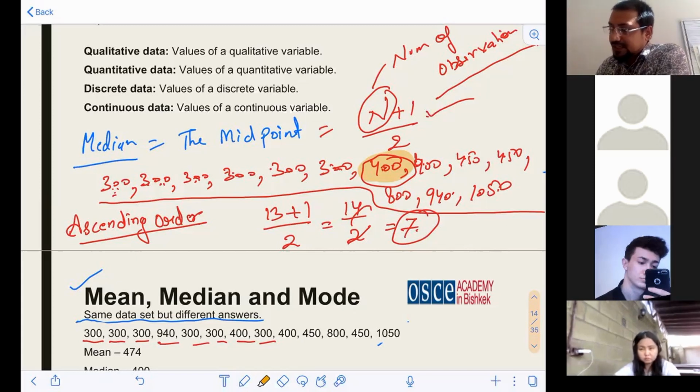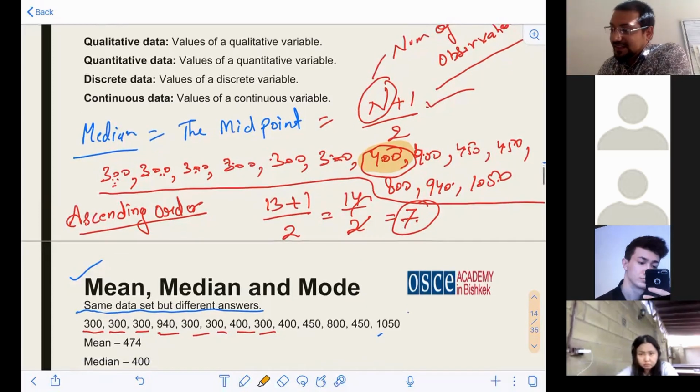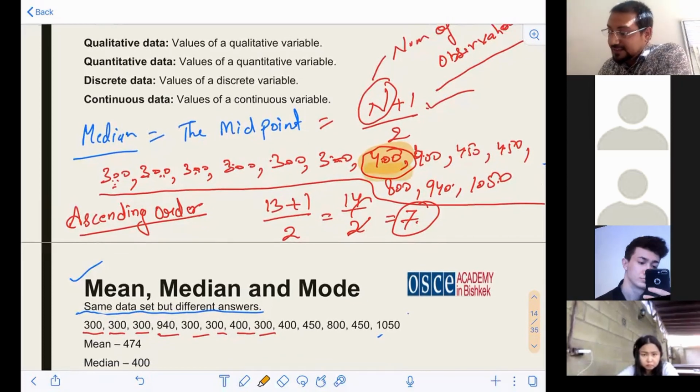Now, but look at the median. In median, the midpoint, it's also an average, but it's different from mean actually. It says that no, the average salary is not 483. It is actually 400. What does it mean? It means that your average salary, your midpoint, is 400.